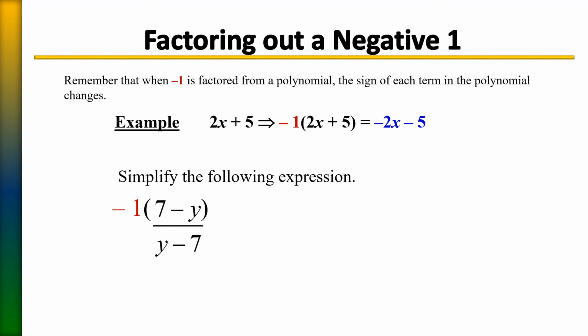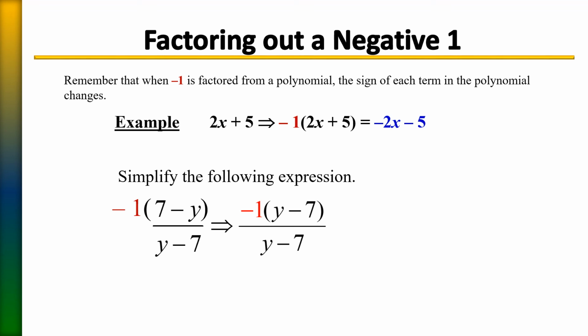That negative y is going to become positive y. So when I rewrite that expression, it's going to look like so. The one thing you have to remember, you still have that negative 1 there. However, your expression is now y minus 7.